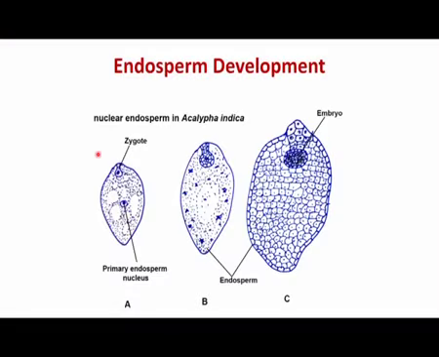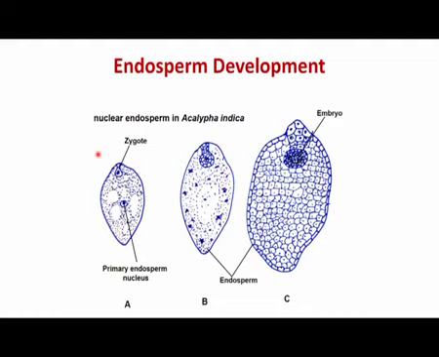As you can see on the PowerPoint slide, I have given the different stages of endosperm development in the case of nuclear type of endosperm. The nuclear type is the most common type of endosperm found in angiospermic plants.